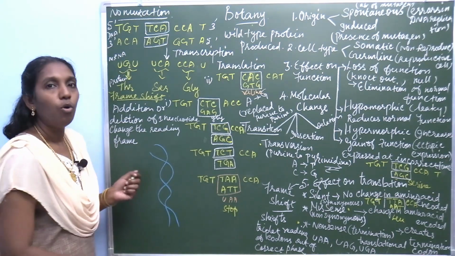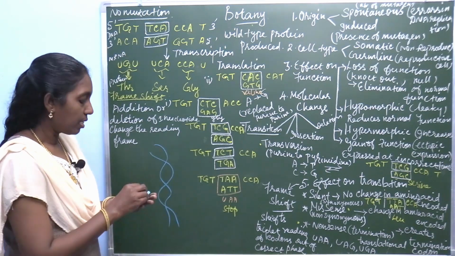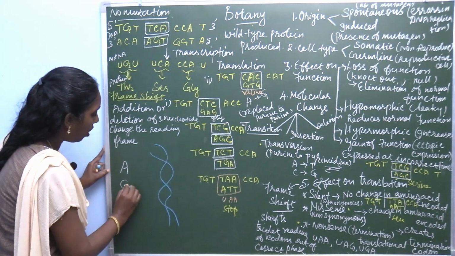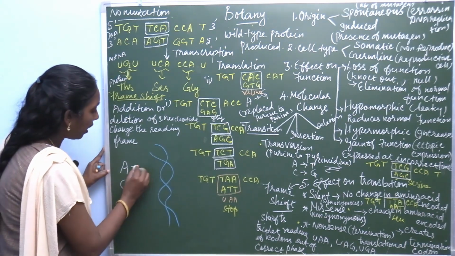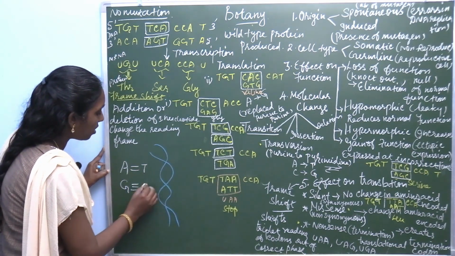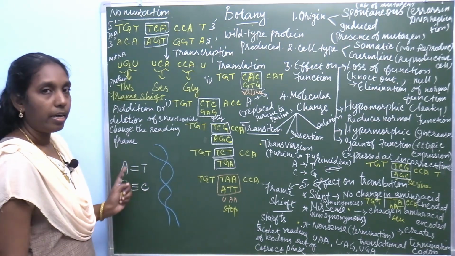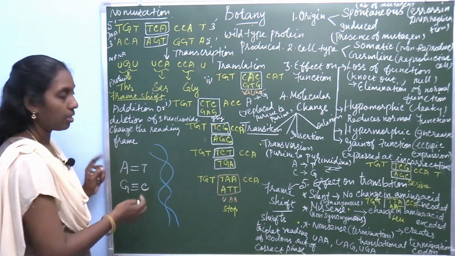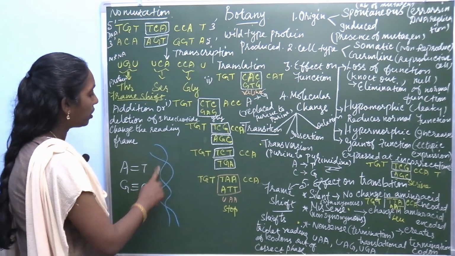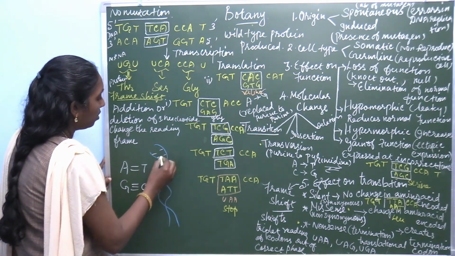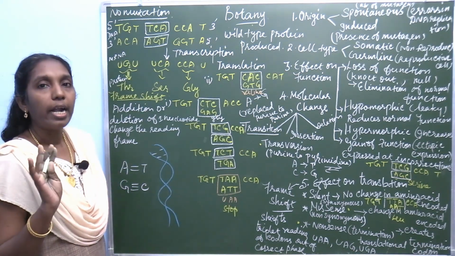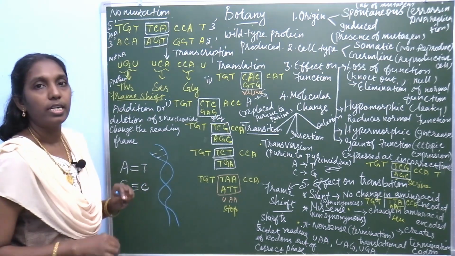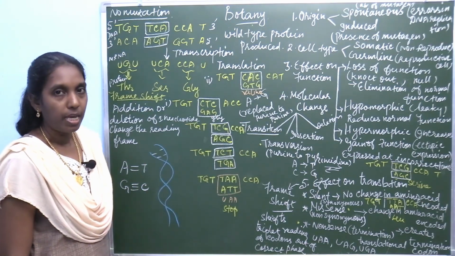There are 4 different nitrogenous bases: adenine, guanine, thymine and cytosine. DNA contains these 4 nitrogenous bases.